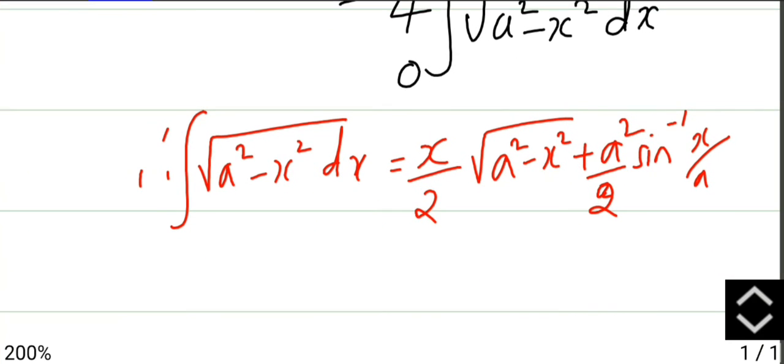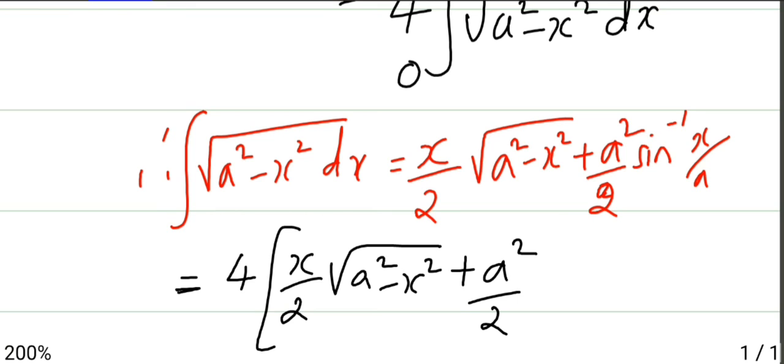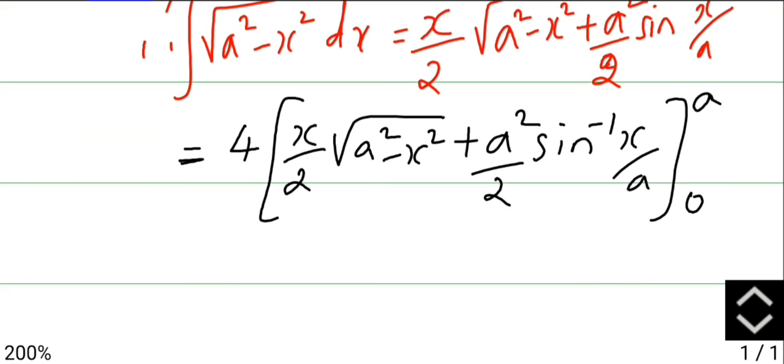So now substituting this, we get 4 into x by 2 root of a square minus x square plus a square by 2 sine inverse of x by a. Upper limit is a and lower limit is 0. So apply the upper limit minus lower limit for the answer whatever you have got.